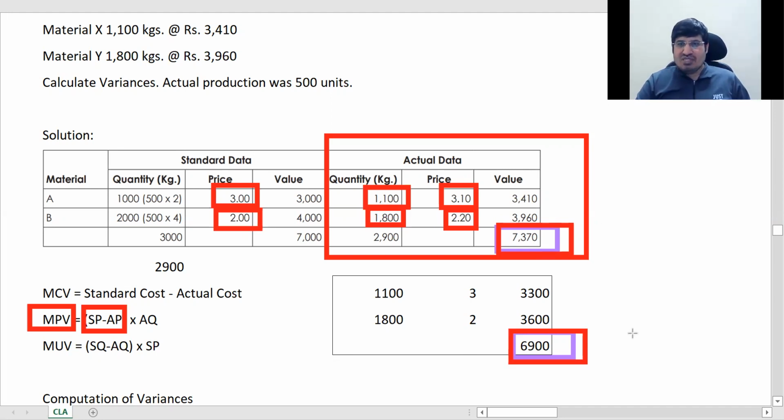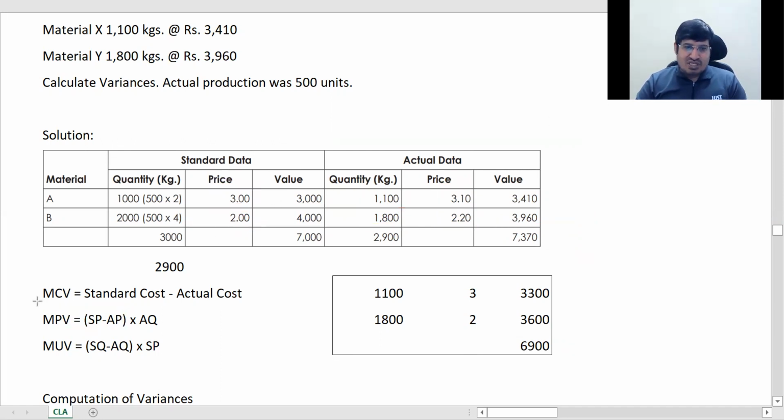So what you have to do is just do what I'm saying. Okay, use this formula of price variance. Standard price minus actual price. Just take this minus actual price. Okay, what you are getting is minus 0.1. Okay, minus 0.1 into actual quantity you have to do.